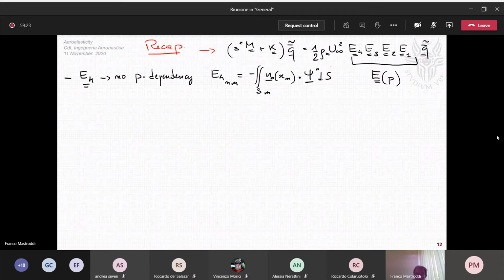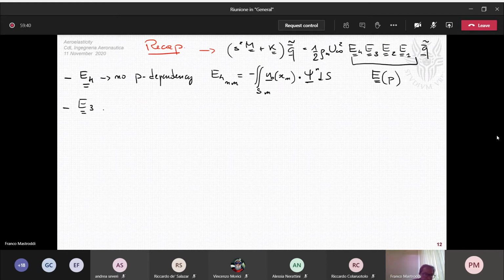Yes. So we can see here time or frequency or Laplace variable. No dependency. Next, E4. Okay. E4, E3.